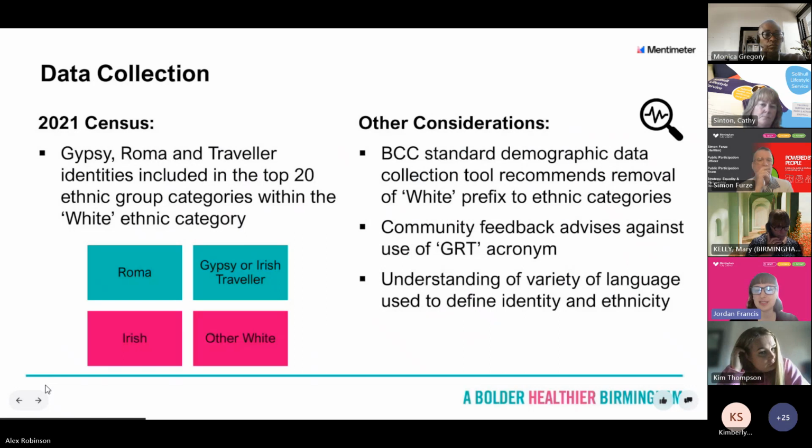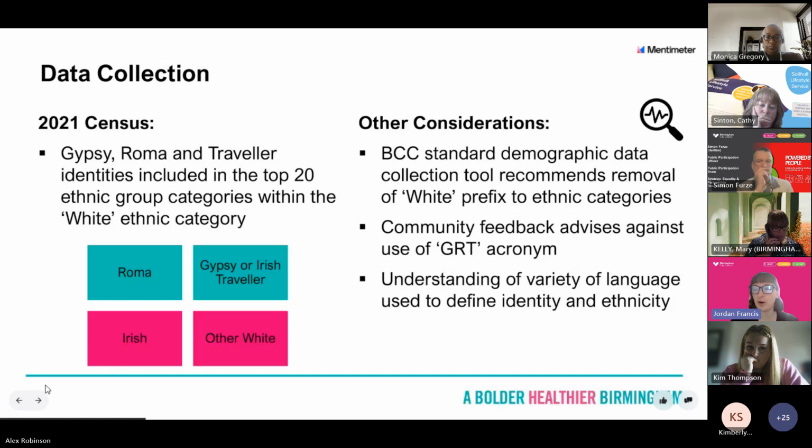So in the 2021 census, Gypsy, Roma and Traveller identities were in the top 20 ethnic groups under the white ethnic group umbrella. There were two relevant categories that we've analysed, white Roma and white Gypsy or Irish Traveller. Although we could get lots of analysis from that, it may not be the most appropriate. A lot of people that identify with these categories don't identify with that white overall umbrella.